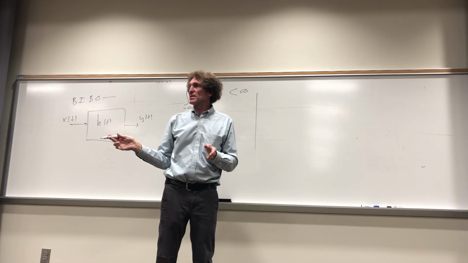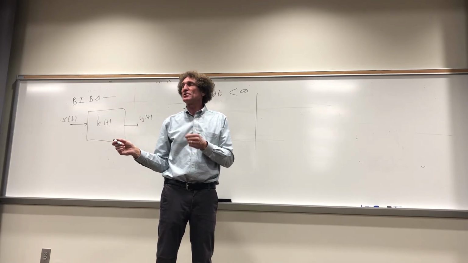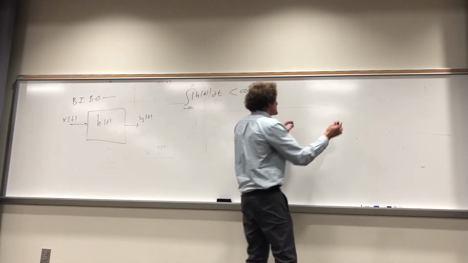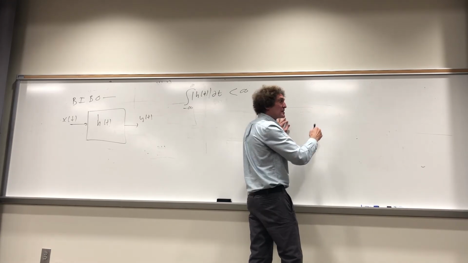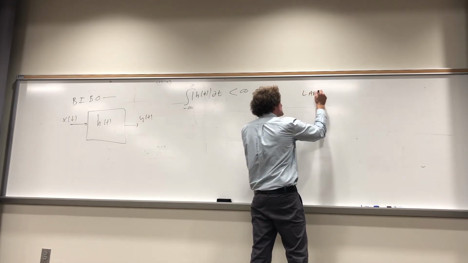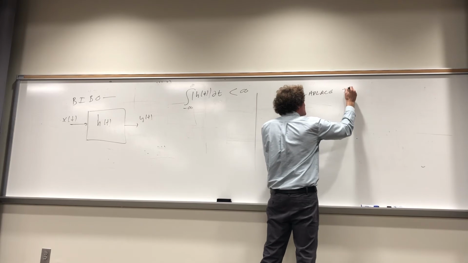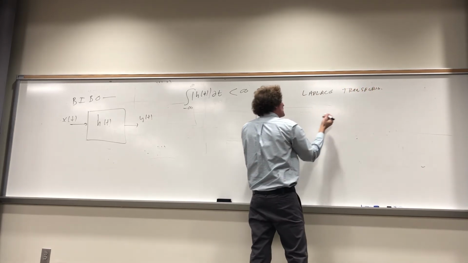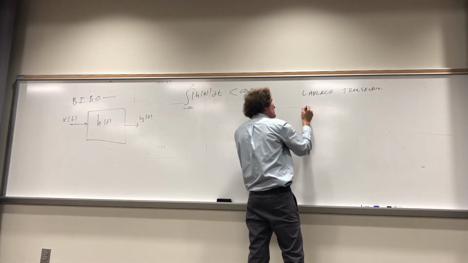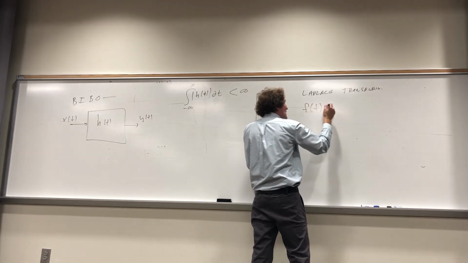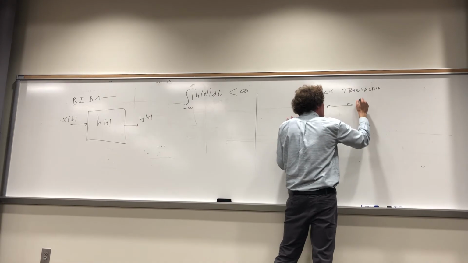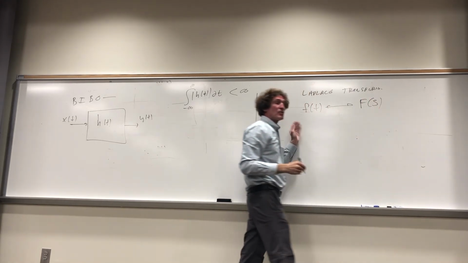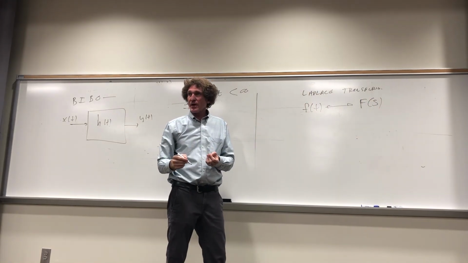And the reason is because the integrations are usually doable. This is the definition of a one-sided Laplace transform. It's simply this. If you have an f of t, it will render an f of s, where s is now the transform variable.